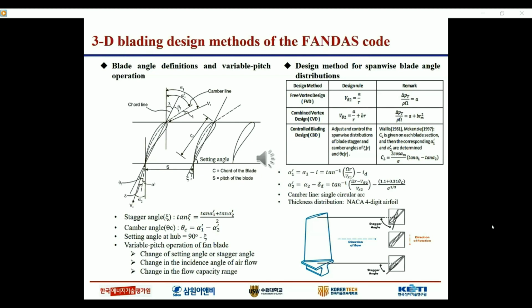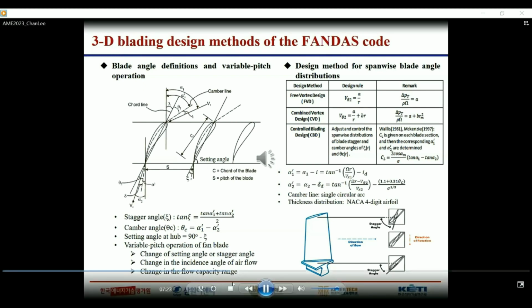Using this design method, we can calculate the stagger, the camber, and the setting angle from blade inlet and outlet angles, and these camber sections are stacked to form three-dimensional blades.